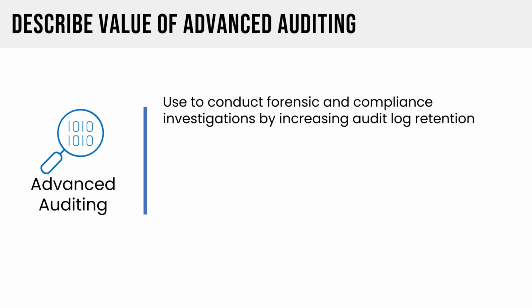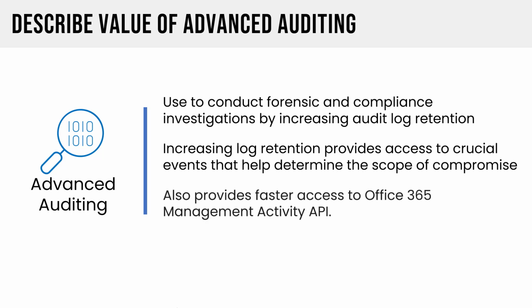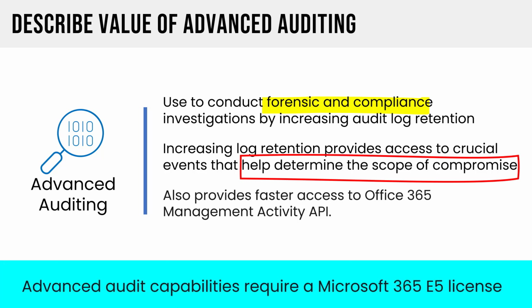So we increase that retention, which provides longer-term access to crucial events that may help determine the scope of a compromise. And it also provides faster access to the Office 365 Management Activity API. So advanced auditing is forensic and compliance investigation focused, and helps determine the scope of a compromise, and it's probably worth mentioning, the advanced audit capabilities require an E5 license.